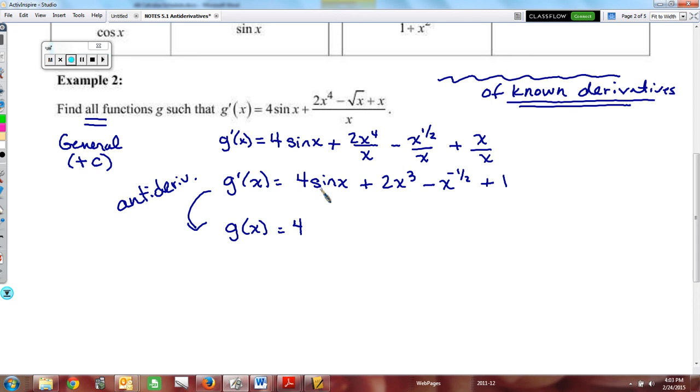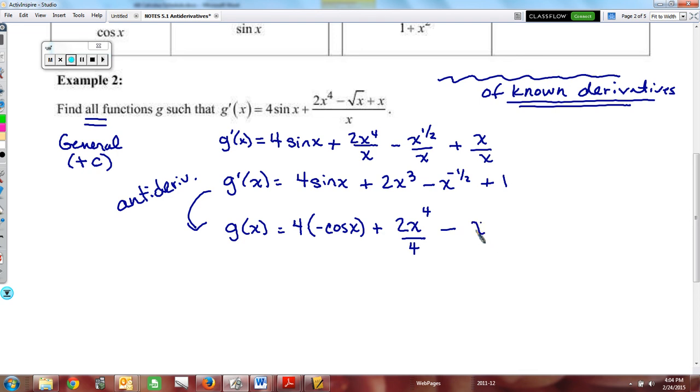The antiderivative of sine is your negative cosine, because the derivative of cosine is negative sine, so we need that negative, plus antiderivative of power function. Add 1 to your power, divide by your power, and bring your constant along. I'll simplify in the next step.